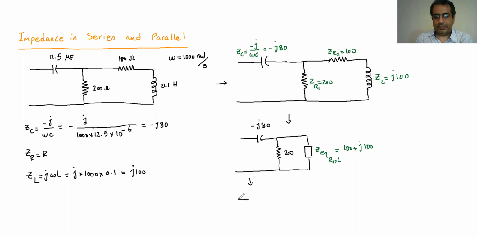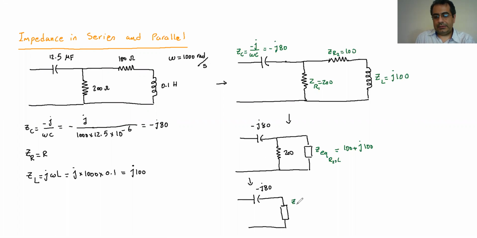So again, I have negative J80 here. And then again, the equivalent of these two in parallel. I assume that we treat them as both being resistance.